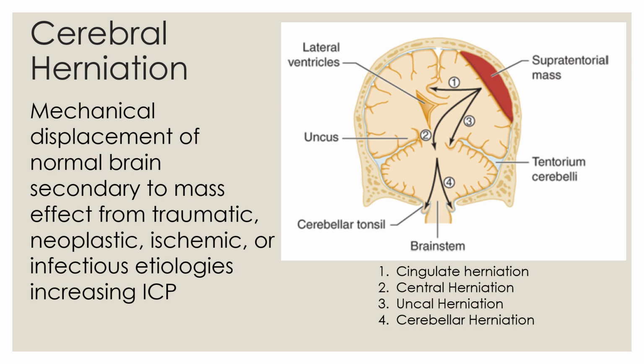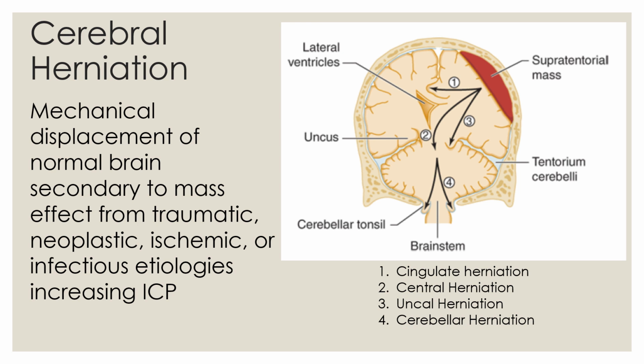That can be from a traumatic event causing a mass, like a hematoma, subdural or epidural, or from a tumor, or from edema after ischemia, or from an infectious process that's increasing intracranial pressure, things like meningitis. And there are different types of brain herniations. This is not all of them, but these are the ones that I think it's most important for you to be familiar with.